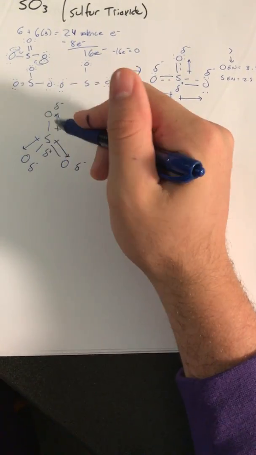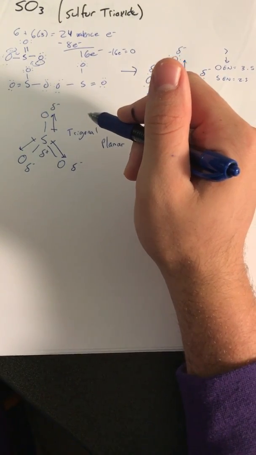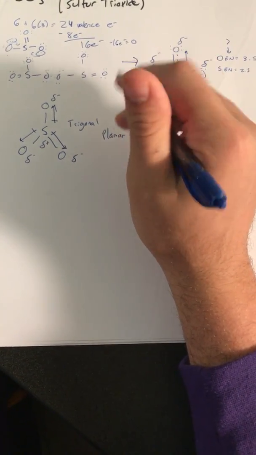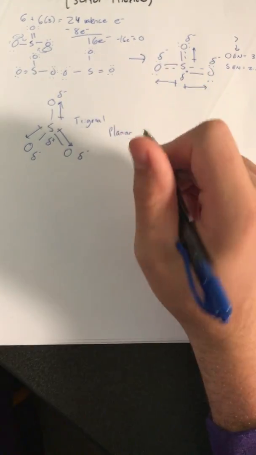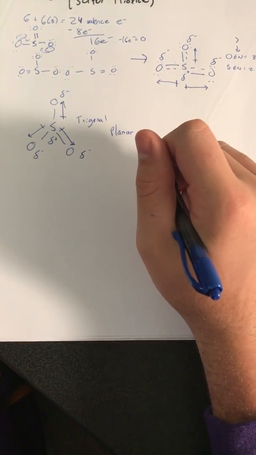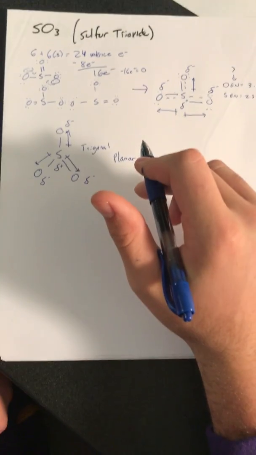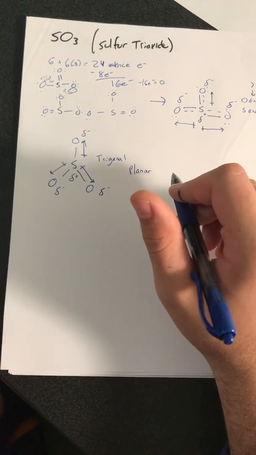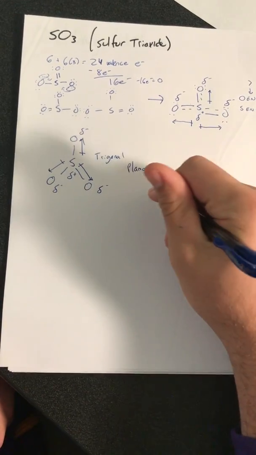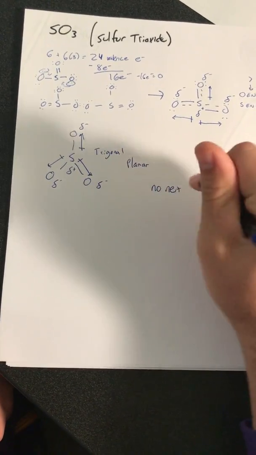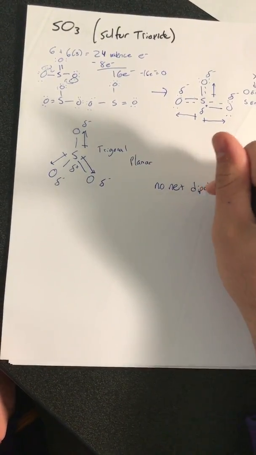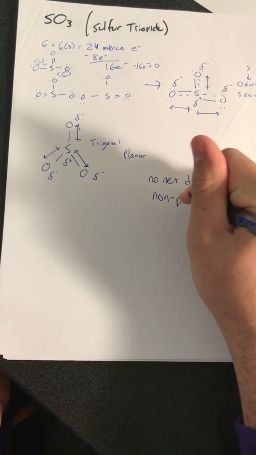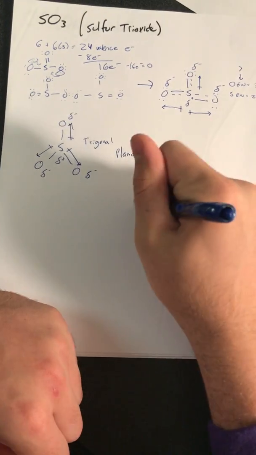It's all the same atom, and there's no sets of non-bonding electrons. So, because all the domains are the same on the central atom, the bond dipoles cancel, and therefore there's no net molecular dipole, which makes this molecule non-polar.